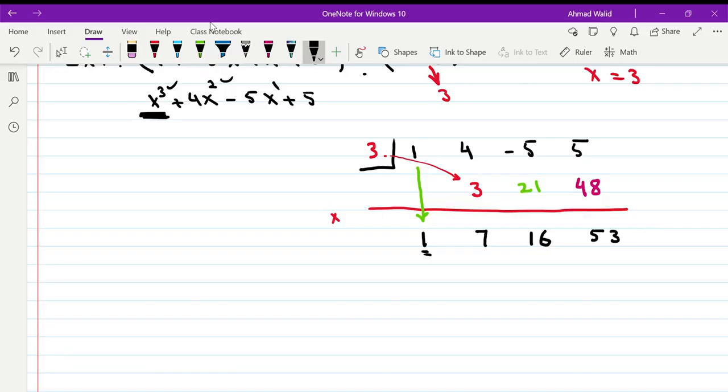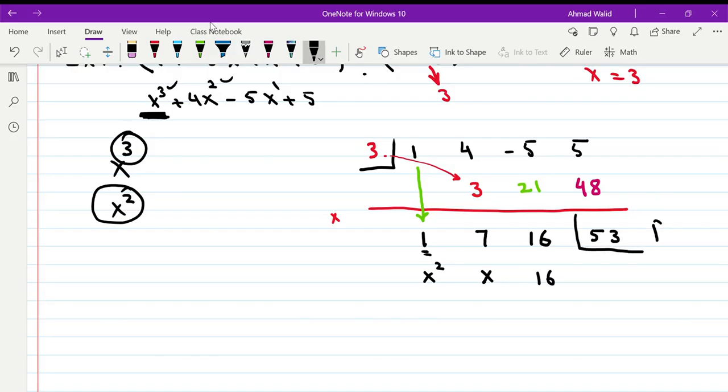Here your polynomial starts with x cubed, so 1 less than this means x squared. The first number will be the coefficient of x squared. After x squared, you should have x, and after x, the constant term, which is 16, right? The last number is always your remainder.